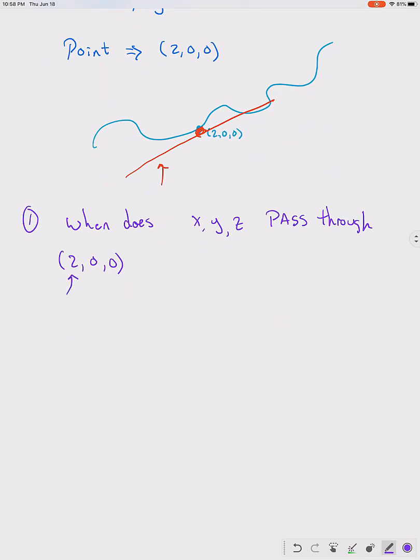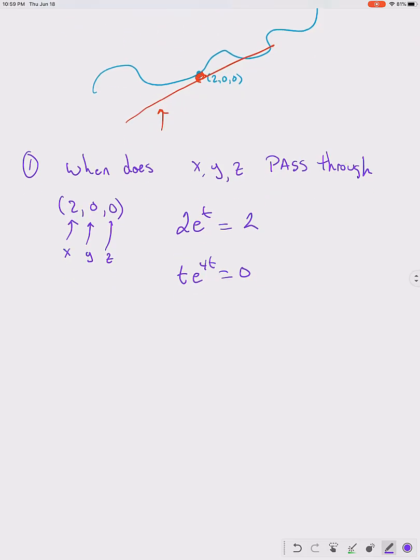And don't forget, this is an x, this is a y, and this is a z. So what that means is for the x part, 2e to the t equals 2, te to the 4t equals 0, and te to the t to the fourth equals 0.